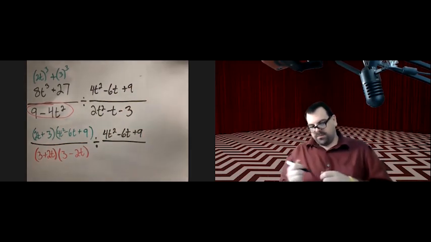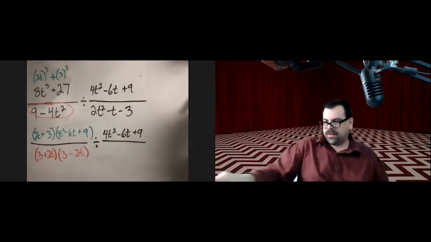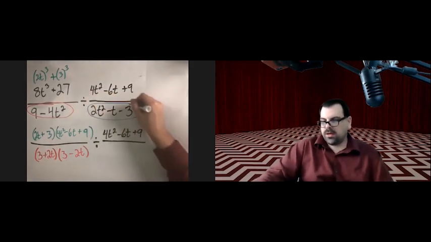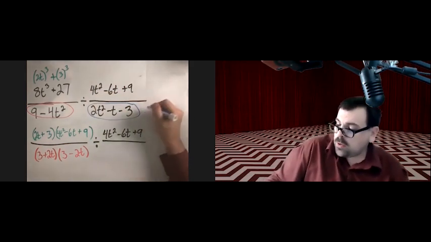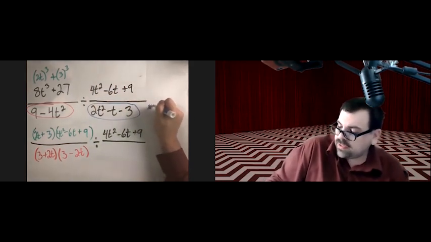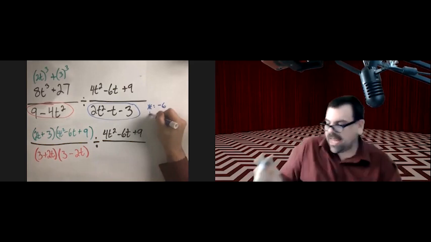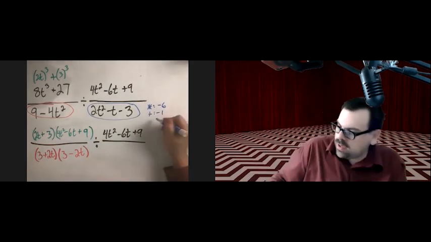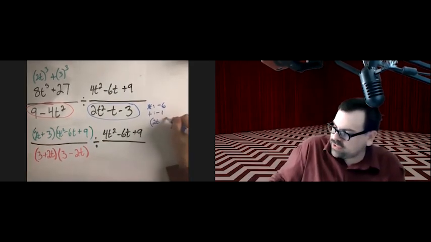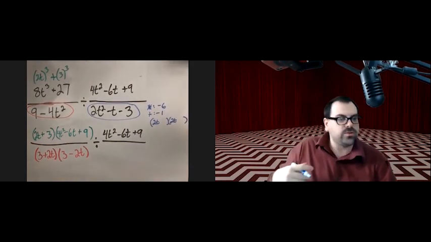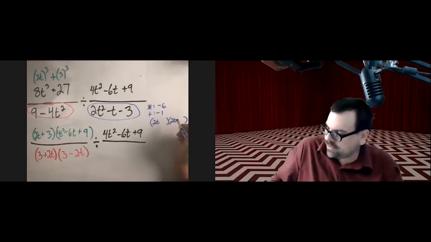But bottom right, here we want numbers that multiply to a times c, multiply to negative 6, add to negative 1. We'll put those numbers in a 2t times 2t. We use the airplane method, do our corrective step.